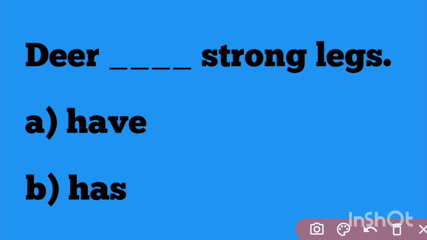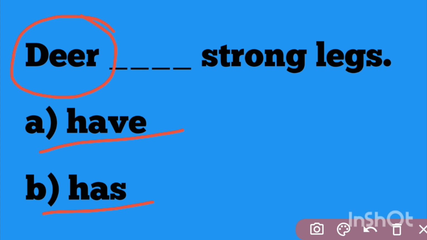Friends, here you can see the question. Dear blank space strong legs. So we have to choose the verb, have or has. Friends, here we have to think about the subject. Subject is dear.